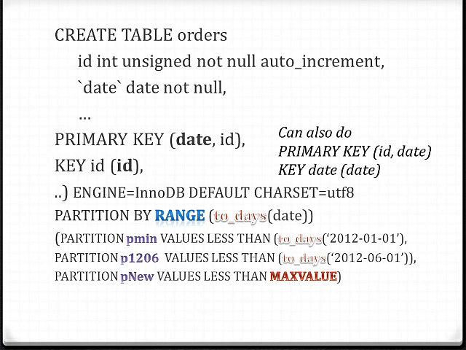When you try to show some data from within some range, I don't know how MySQL does the search. Do you mean that you have to hit the proper partition from your application directly? No, you can do that in 5.6, but in this example, all you need to do is have the date in your query, like where date equals something, and it will figure out which partition. You can send it to 2 partitions.